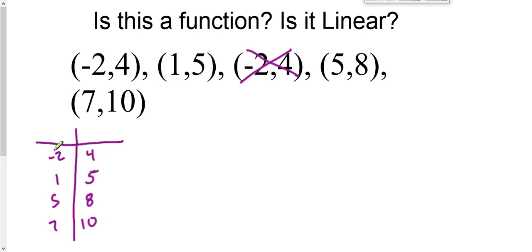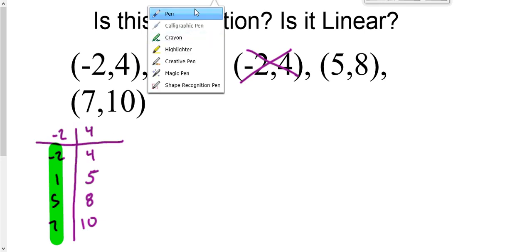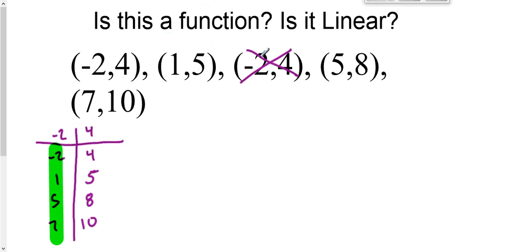Again, are any of these the same number? They are not. Even if we had listed our duplicate point, notice that they're exactly the same. This is a function. Yes.